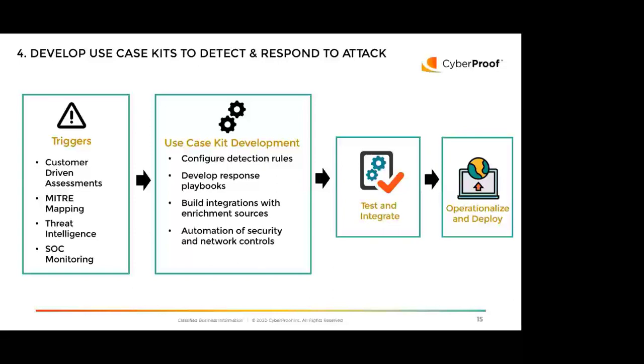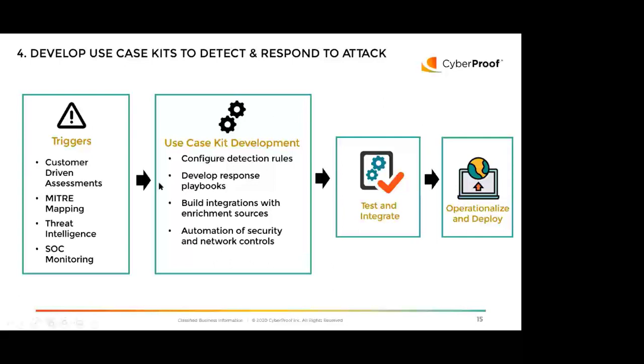So there are a number of different inputs into the factory. And that middle box there is really the core of the use case factory. It's developing the detection rules, developing the response playbooks, identifying any integrations and enrichment sources.